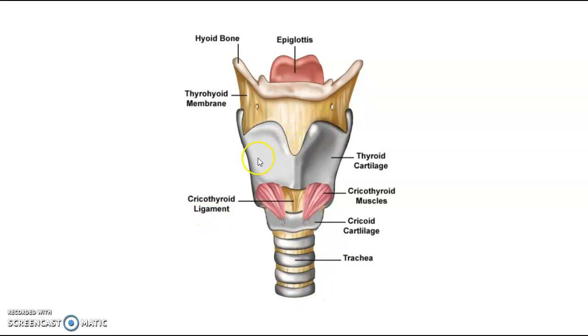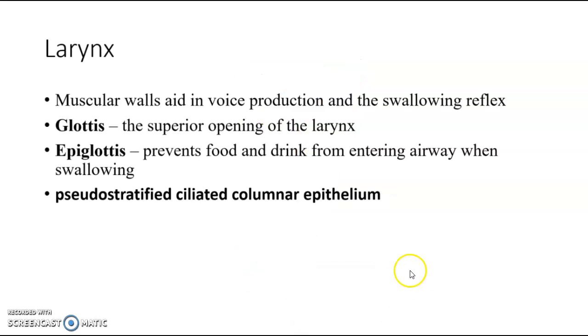We'll get there in a second, but there are the different cartilage pieces. We're going to talk about the epiglottis in just a minute, but there are lots of supports for the larynx. The muscular walls aid in voice production and the swallowing reflex.